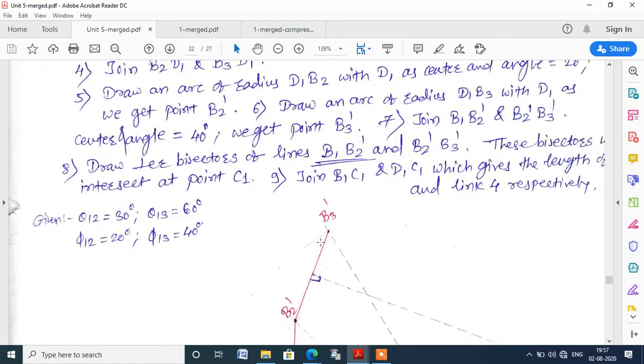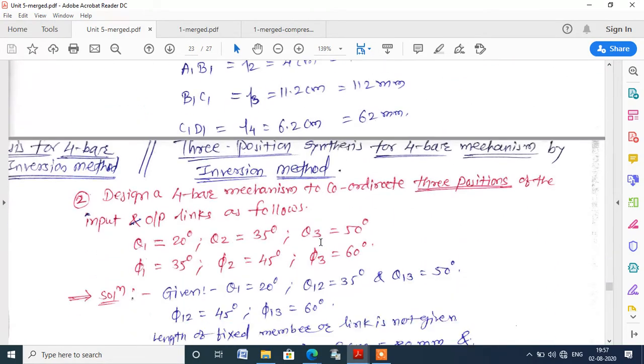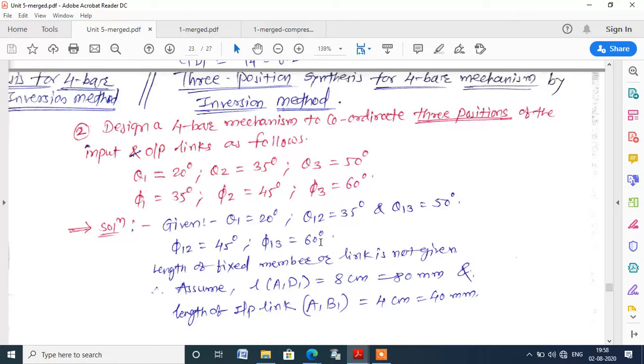Anyway, we will take another problem of method of inversion. So write down this problem. Design a 4-bar mechanism to coordinate three positions of the input and output links as follows. Here it is mentioned in the problem three positions, so the following data is given.